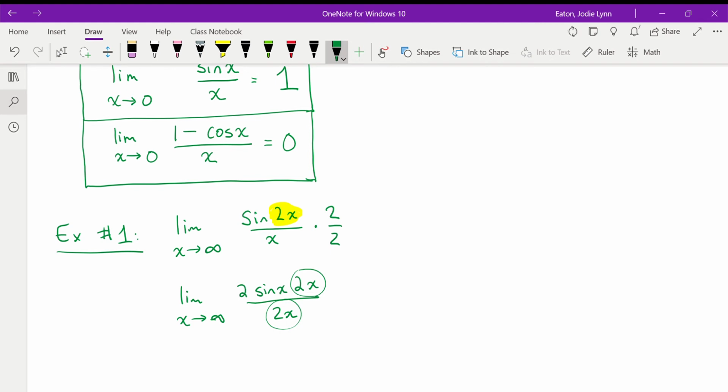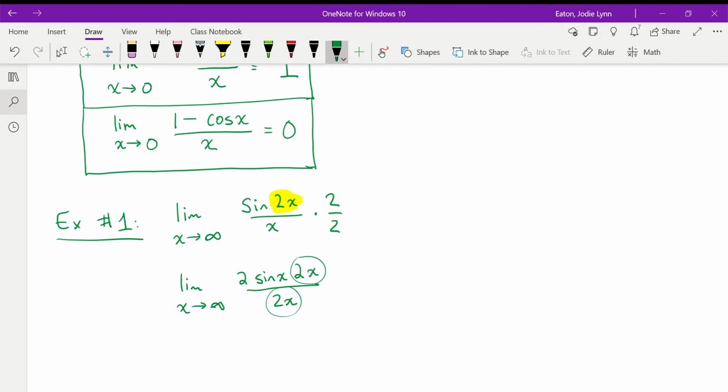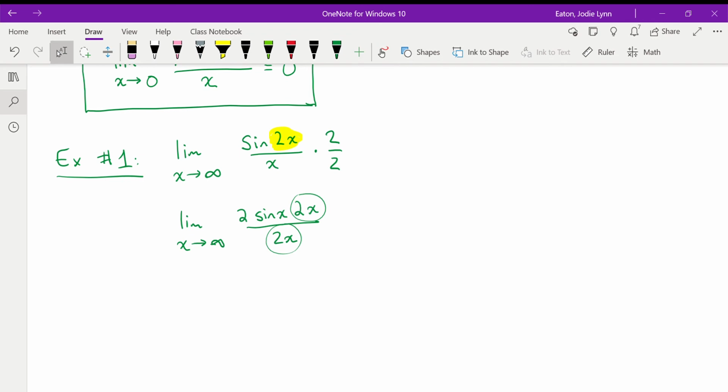So remember, we have the product rule for limits, that the limit of a product is the same as the product of the limits. So this is the same as the limit as x approaches infinity of 2 times the limit as x approaches infinity of sine 2x over 2x.